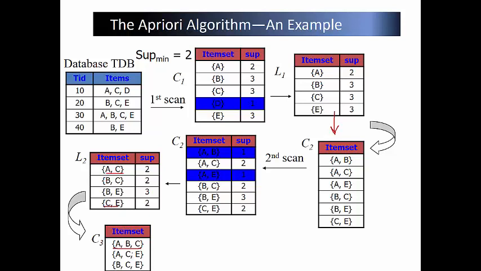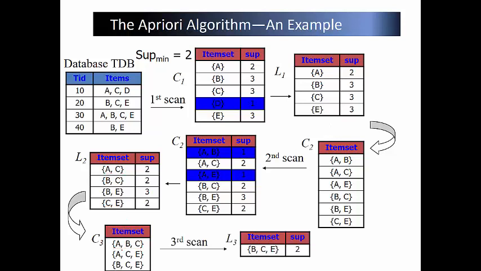And we have BC, and we have a BE here, so BCE. What else? There's nothing further, right? Based upon this we have these candidate item sets, and then we need to count how many records have them.